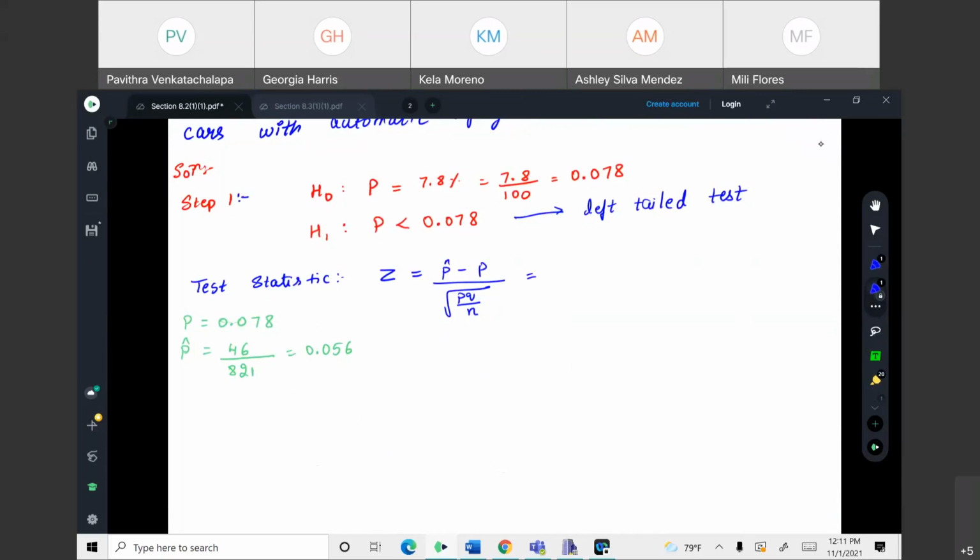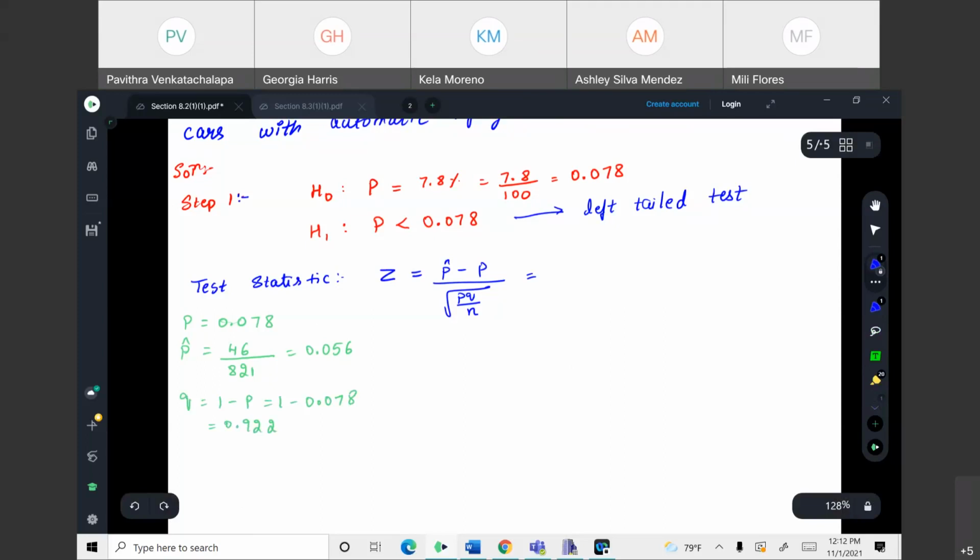Okay. Now that we have everything, you can also find q. q will be equal to 1 minus p, which is 1 minus 0.078. That gives you 0.922.